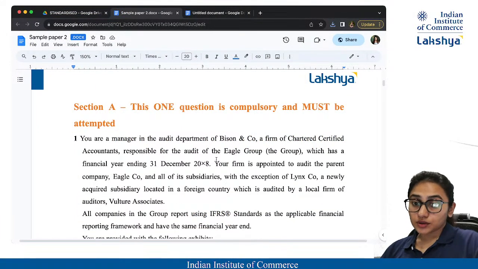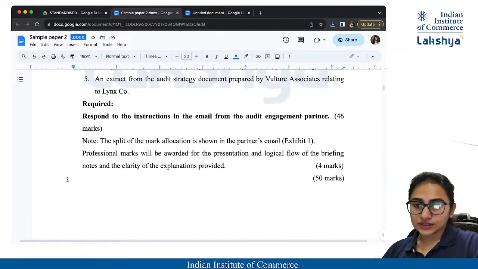So let's do a recent paper only, so that will give you an idea of how to do the paper. So let's read the requirement.